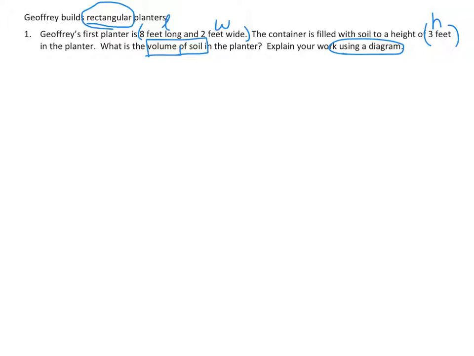So I'm going to draw my planter. I'm going to keep in mind my length, my width, and my height. So my length is 8 feet. My height is about 3 feet. Okay, this is not to scale. I'm just doing the best I can. So that's 3 feet.